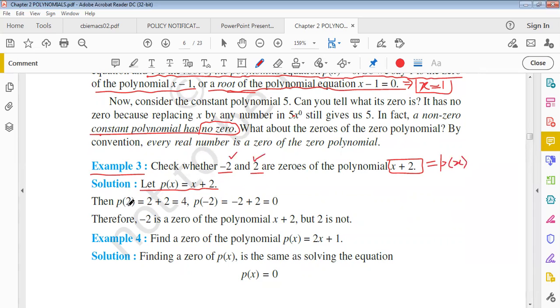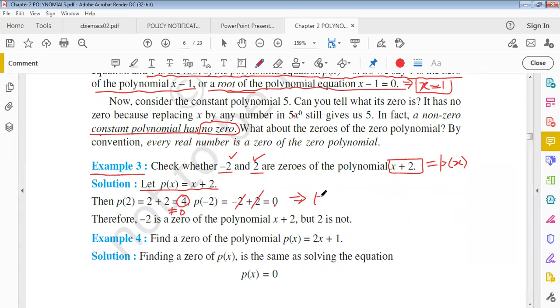तो हमने पहले +2 पुट किया. We are putting +2, its value is equal to +4, which is not equal to 0. Now if we are putting x equals to -2, p of -2 equals to -2 plus 2, both cancel out and it is equal to 0. That means therefore -2 is the zero of the polynomial x plus 2, but 2 is not.